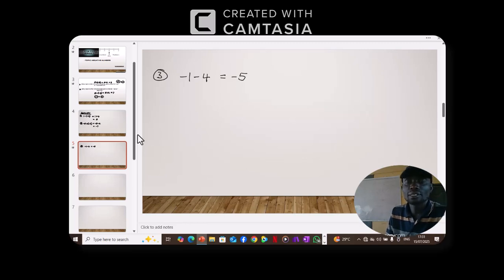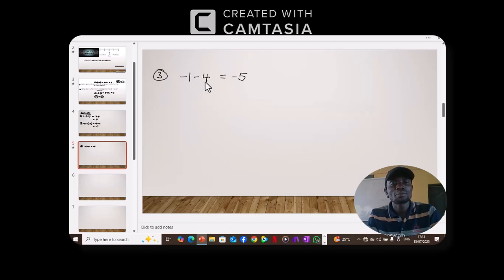There is an analogy that we use. We say you are holding 1, you're also holding minus 4, so you'll be holding 5. Normally we use an analogy for the basic class to help you understand. When you have a negative number, it means debt.